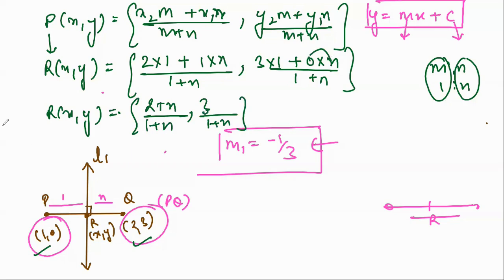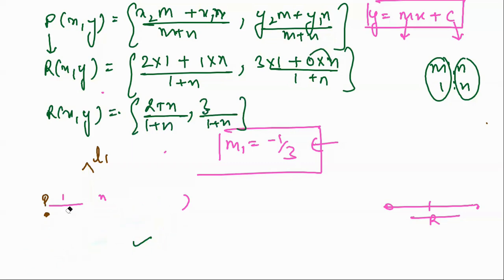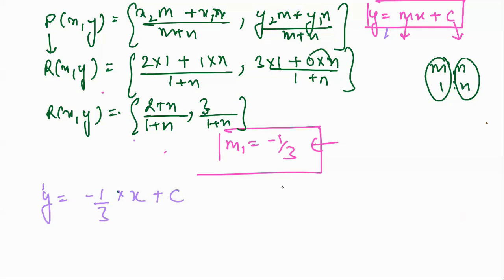Now let's work out the equation of the line finally. We know the equation of the line is y equals m x plus c, where m is this slope, because we are working for L1 now. How do we find c?